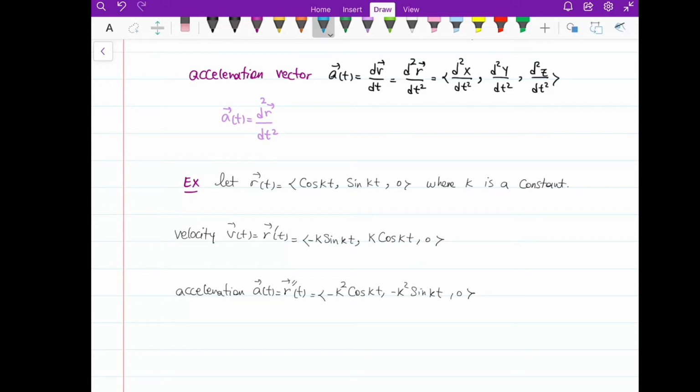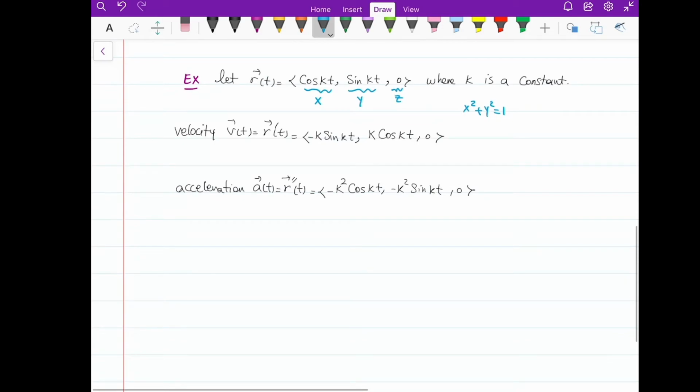Okay, look at r of t. This is the x component, this is the y component, this is the z component. As you know, cosine squared plus sine squared of anything is equal to 1. So I have x squared plus y squared equals 1. So I have a circle of radius 1.